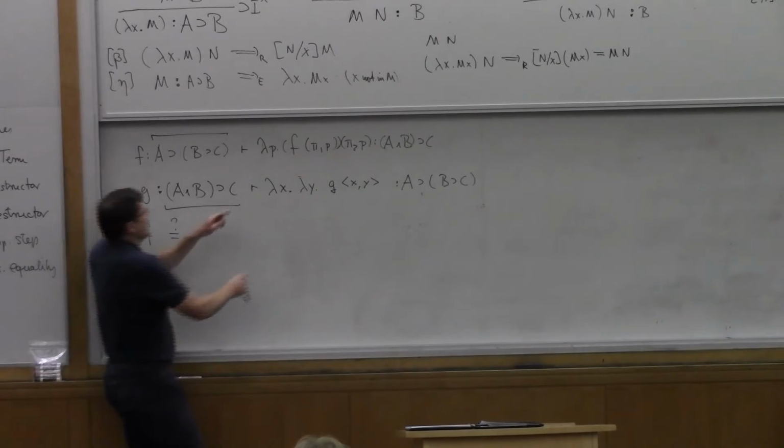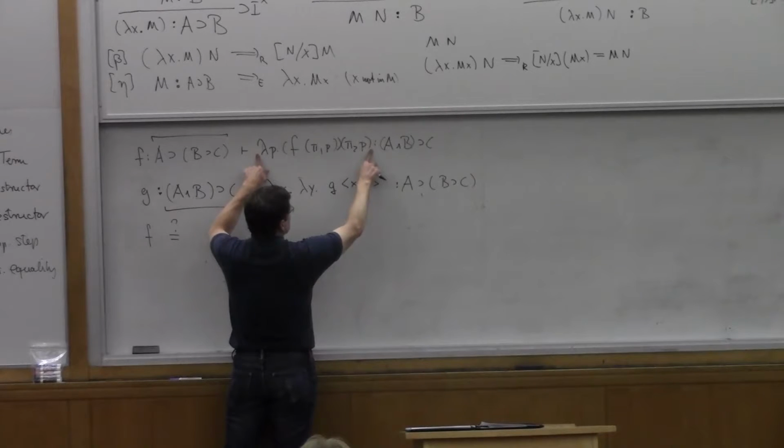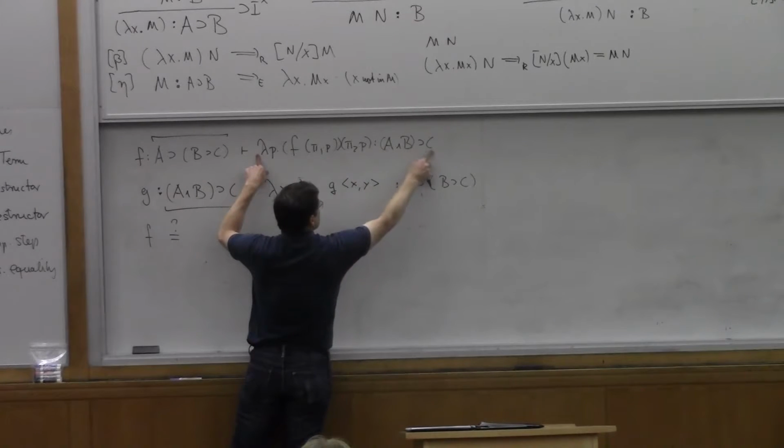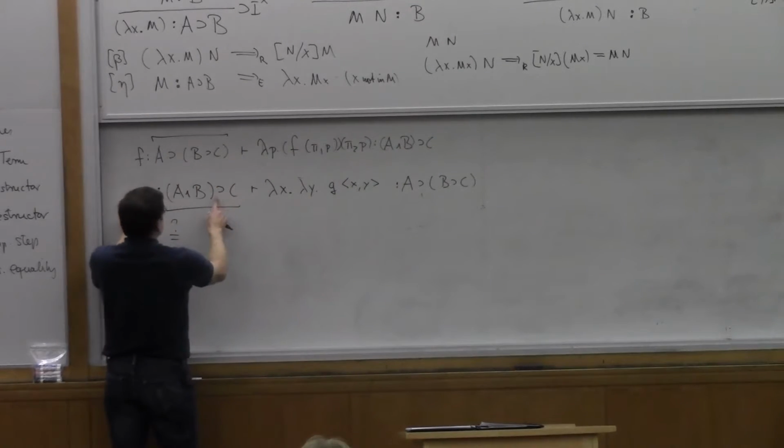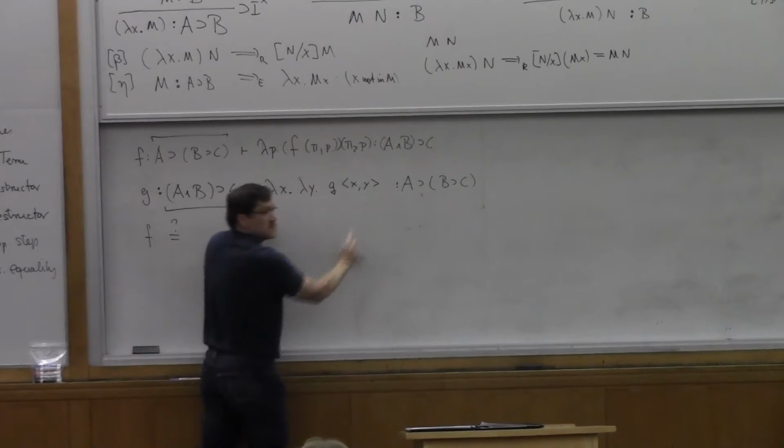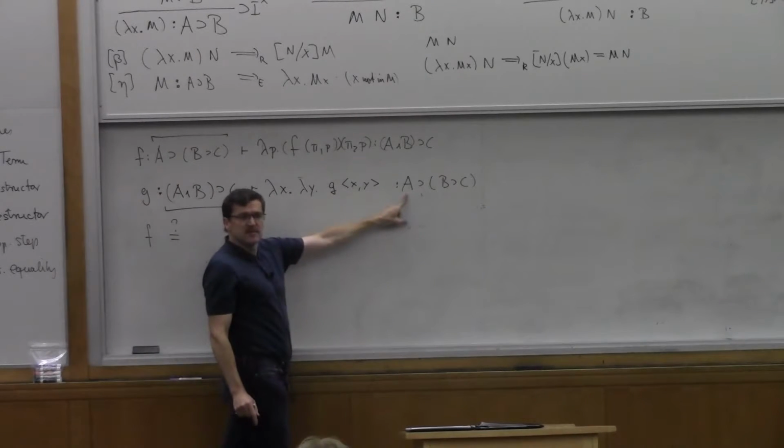We get it by substituting this thing here, which is a proof of A and B implies C, for this assumption in this proof. And we get another proof of A implies B implies C. Does it make sense?